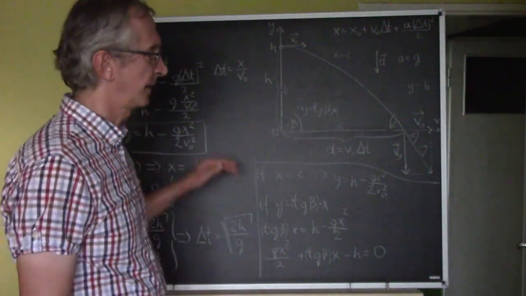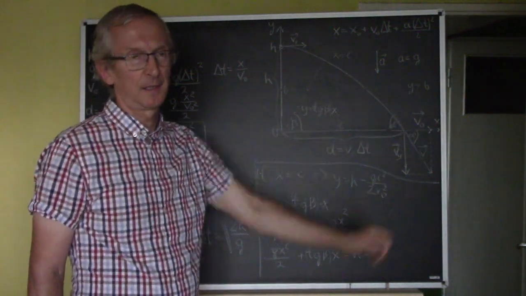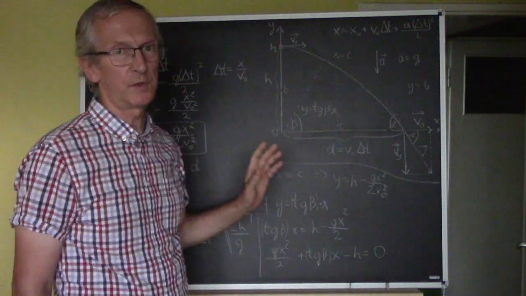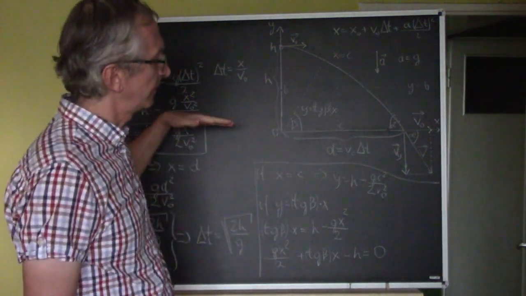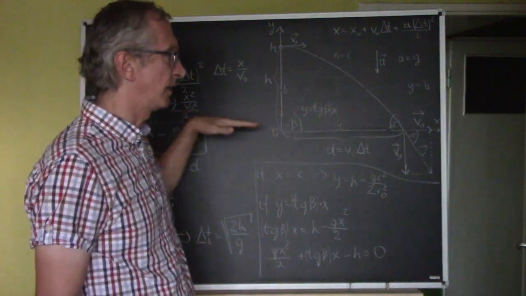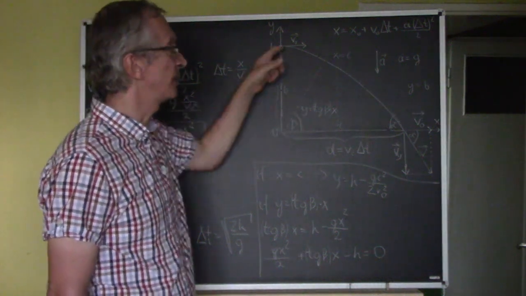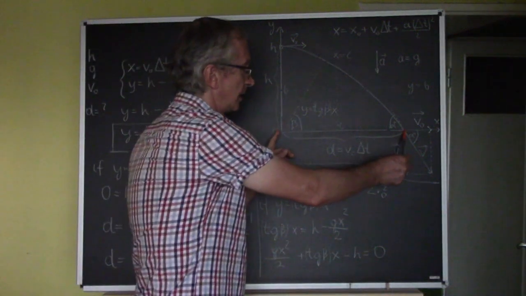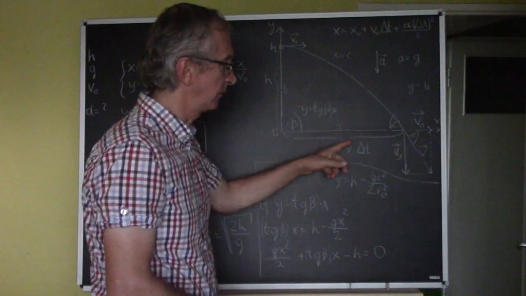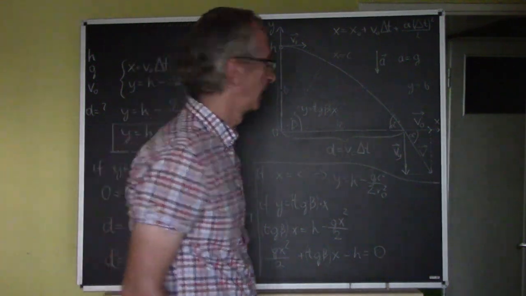We know that in the direction of the axis x, no force is acting on the body, so this body is moving in this direction with a constant speed v0. So distance d is equal to v0 times delta t.